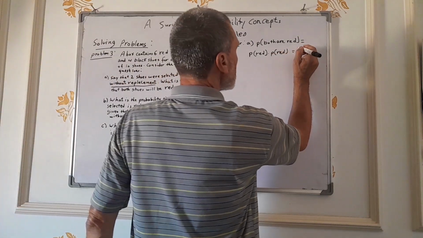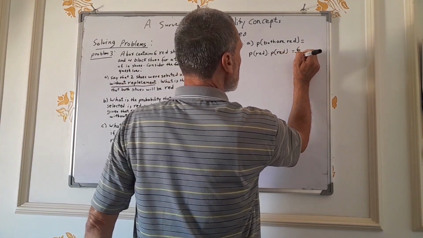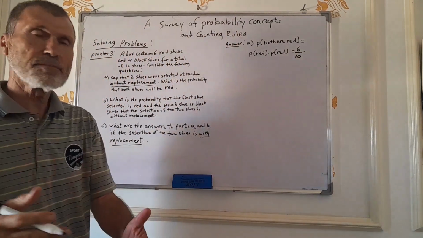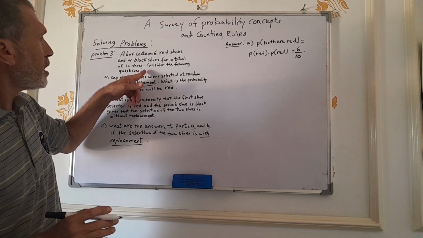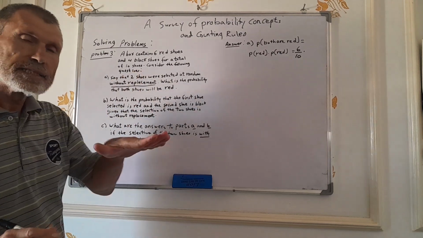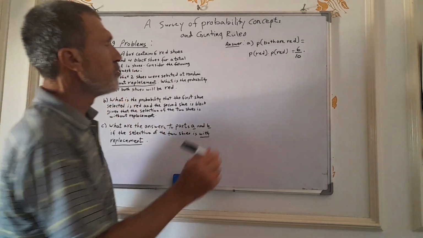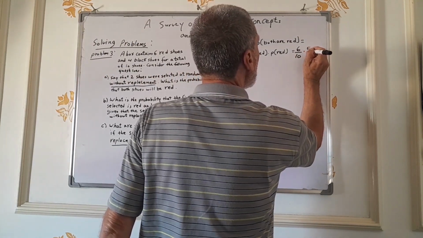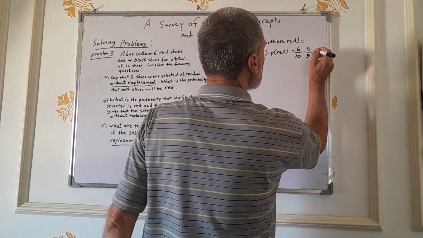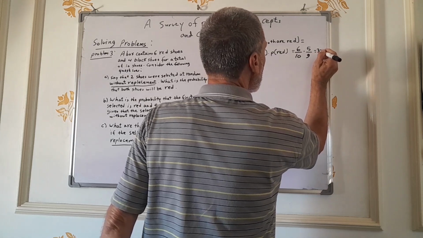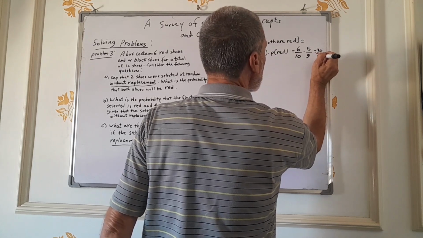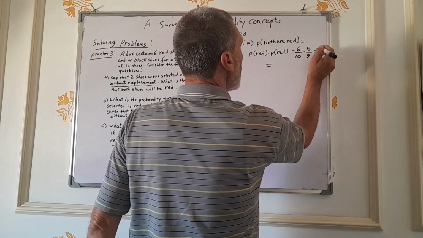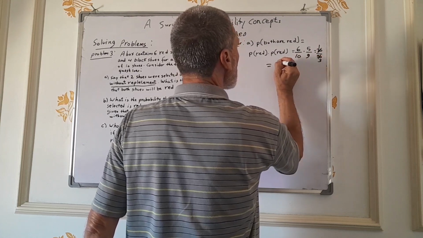We have 6 over 10 times, because without replacement the total number of shoes has decreased by 1, 5 over 9, which is equal to 30 over 90, which is equal to 1 over 3, which is 1/3.